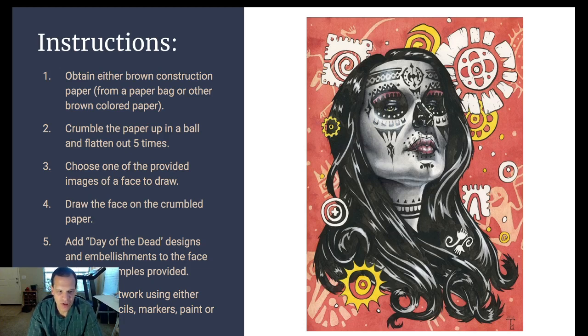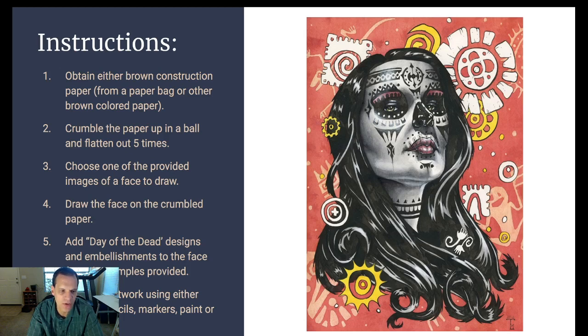And the fifth thing is to add Day of the Dead designs and embellishments to that face that you've chosen from the samples provided. After you scroll through the photographs of people's faces, there's a couple of images of embellishments and samples of Day of the Dead sugar skulls that you can put together and do a picture kind of like what's shown here, and just add those embellishments onto that face that you've drawn on that crumpled paper.